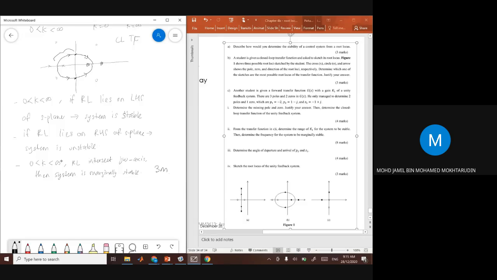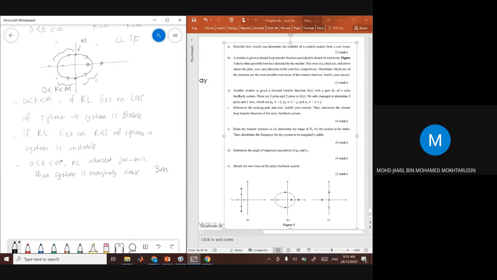So this section here is from 0 to, let's say, m. M represents the gain at the JW axis.